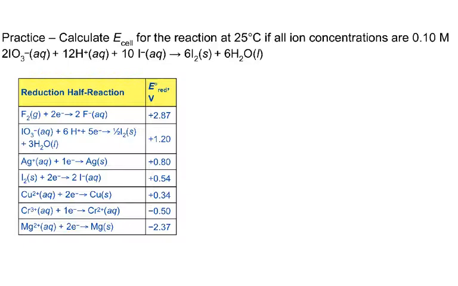Similar thing, so I would recommend pausing and working it through yourself first. Calculate the cell potential for the reaction at 25 degrees Celsius if all ion concentrations are 0.1 molar. This is that same reaction we've looked at multiple times. So we have our 1.2 and our 0.54. So my standard cell potential is 0.66 volts, and I am transferring 10 electrons.